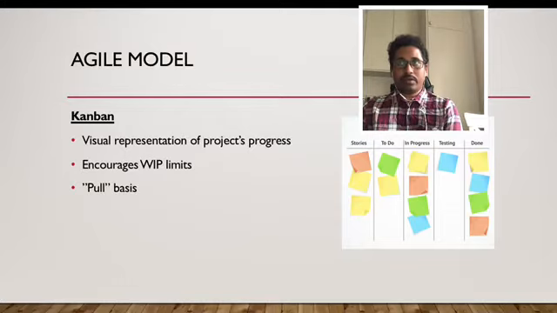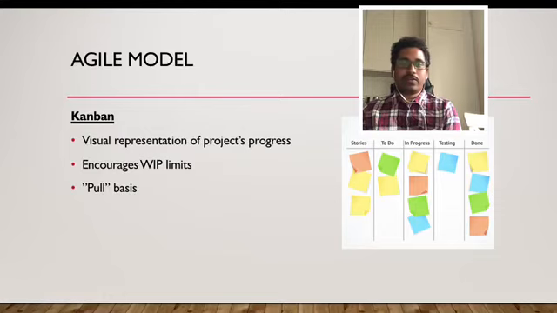Kanban is also an agile model. Here in Kanban also you have teams, but there are no designated roles assigned in Kanban. And the Kanban board is basically used to visualize the project progress in a better way, which means it has some fields, as you can see in the presentation: to do, in progress, testing, or done.